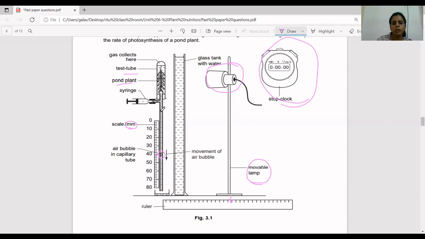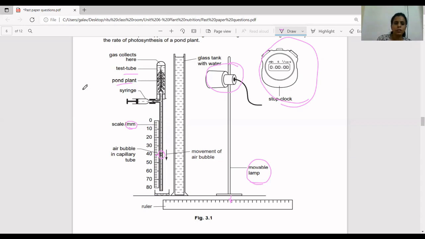Fine, you are completely thorough with the concept, so you'll understand that this water plant will perform photosynthesis when light is provided to it, and as a result of photosynthesis, which gas is produced?